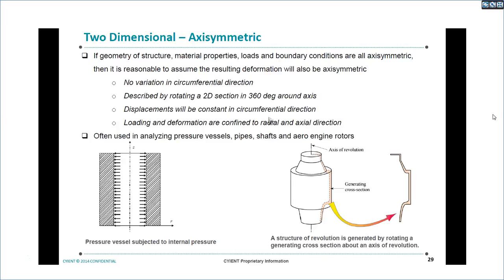The displacements will be constant in the circumferential direction, and loading and deformation are confined to the radial and axial directions. So we can apply loads only in the axial or radial direction.